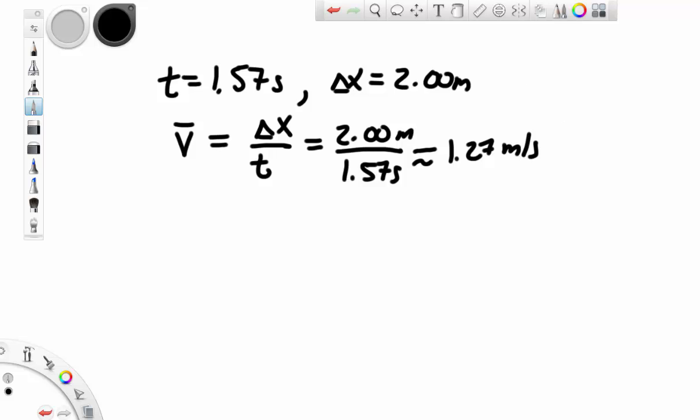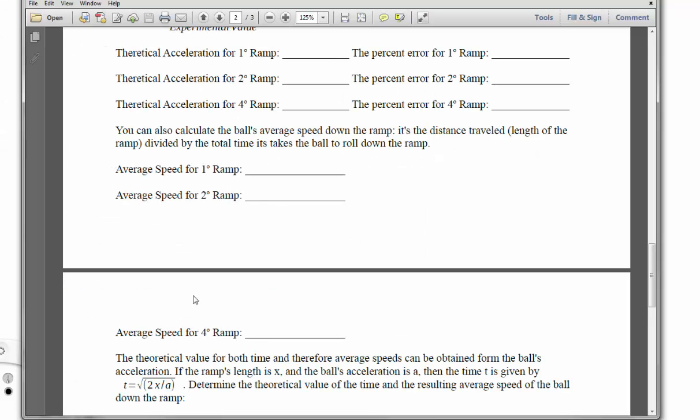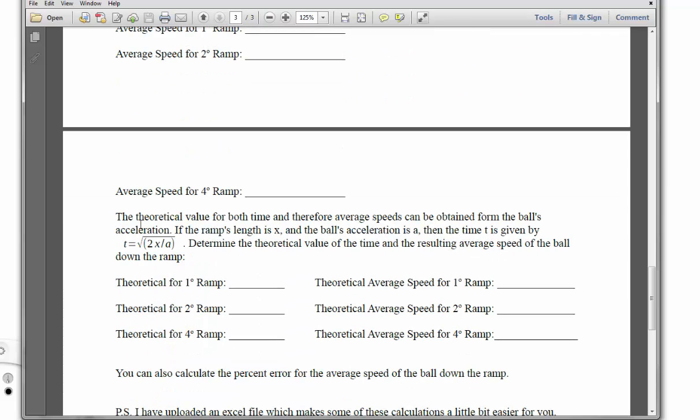And then for the other part, we need to look down here. There's a theoretical value for the time, from which you can get the average speed using the ball's acceleration. So the time should have been square root of 2 times distance over acceleration.